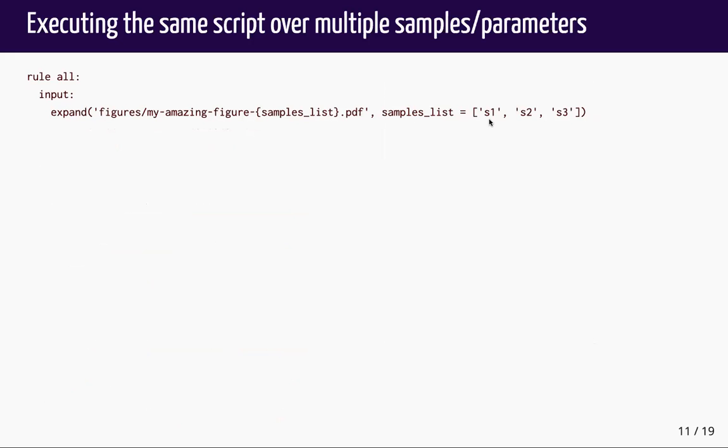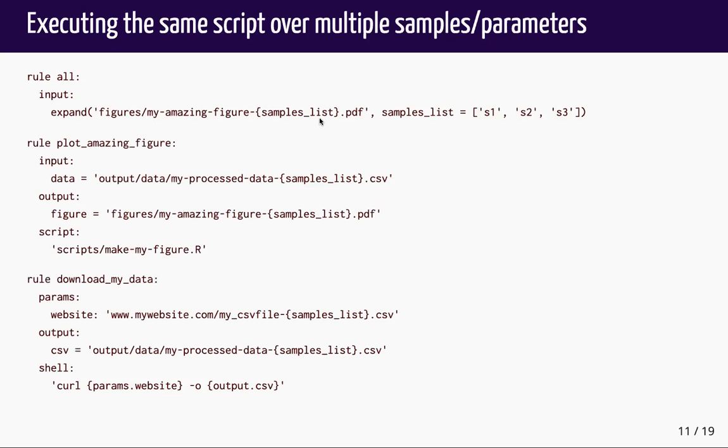So this would return a list with 3 file paths and names with my amazing figure -S1, S2, S3, etc. And then the only thing I need to do to the other workflow I showed earlier is to include these wildcards everywhere where there's data. And then Snakemake automatically knows, oh, I need to download 3 samples from this website, and I need to create 3 figures, and it just runs it.